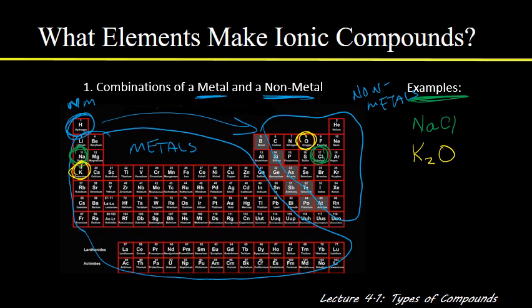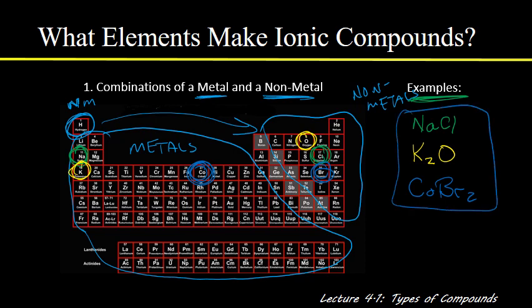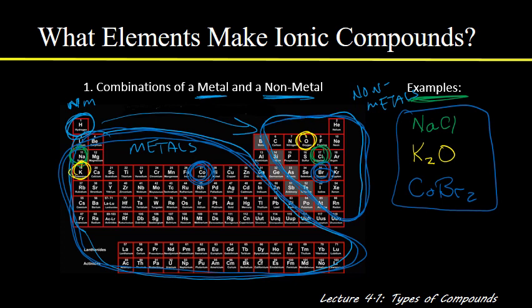Or, again, let's go into the transition metals, maybe something like cobalt and bromine. So you might have something like cobalt bromide. These are all things that would be considered ionic compounds, and we recognize that because we've got a cation, a metal over here forming a positive ion, and a nonmetal over here forming the anion.